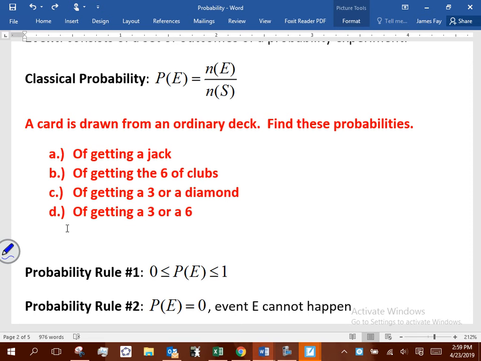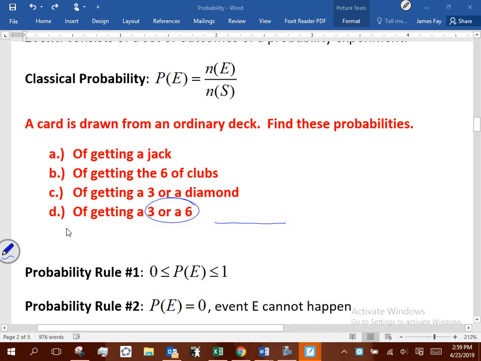Do the last one. Getting a 3 or a 6. How many 3s are there? There's 4. How many 6s are there? 4, right? So remember, our numerator has to be favorable outcomes. Numerator has to be the number of things that are aligned with getting a 3 or 6.